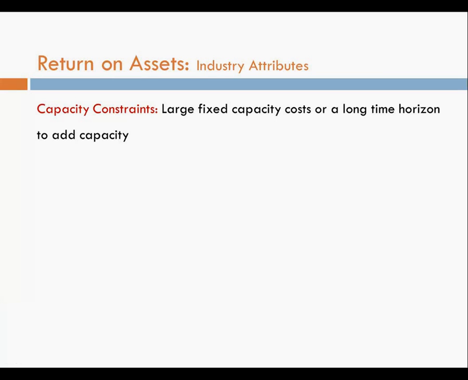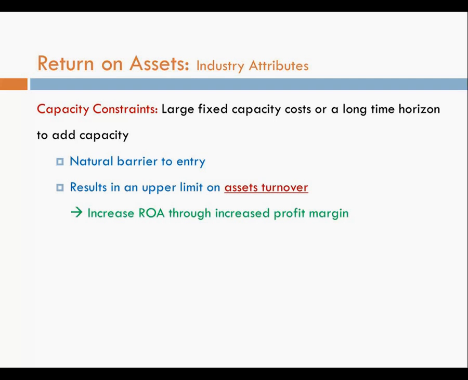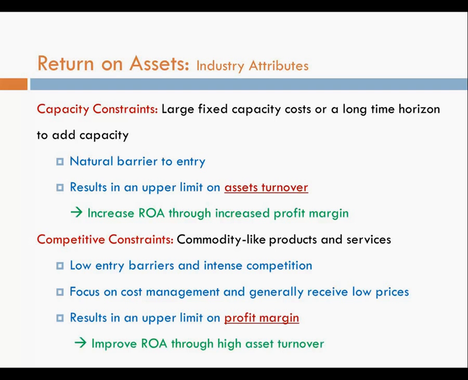So there are two kinds of constraints on companies. Capacity constraints and competitive constraints. Capacity constraints. These are companies that have large fixed capacities. And it takes a long time to add capacity in that industry. Utilities would be an example of a capacity constrained industry. It creates natural barriers to entry. It's hard to get into the industry.